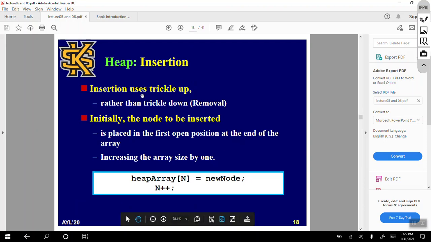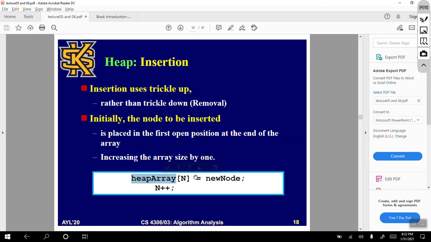That means insertion uses trickle up, rather than the trickle down of removal. Initially the node to be inserted is placed in the first open position at the end of the array, and whenever we increase the array size, we need to increase n to n plus 1. This is the heap array.